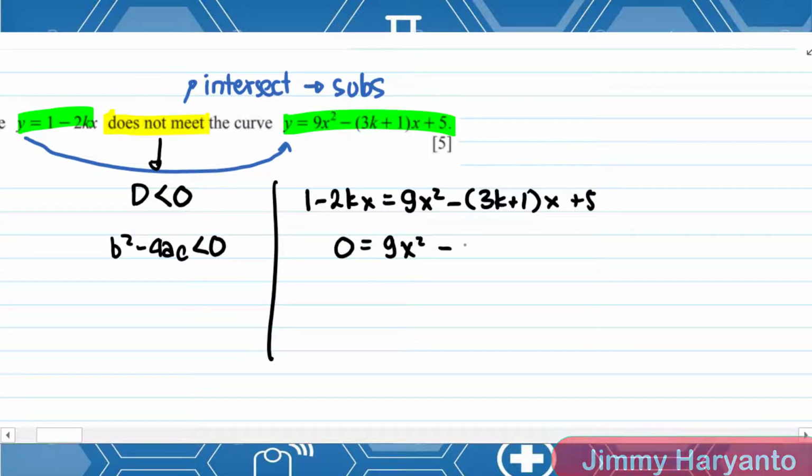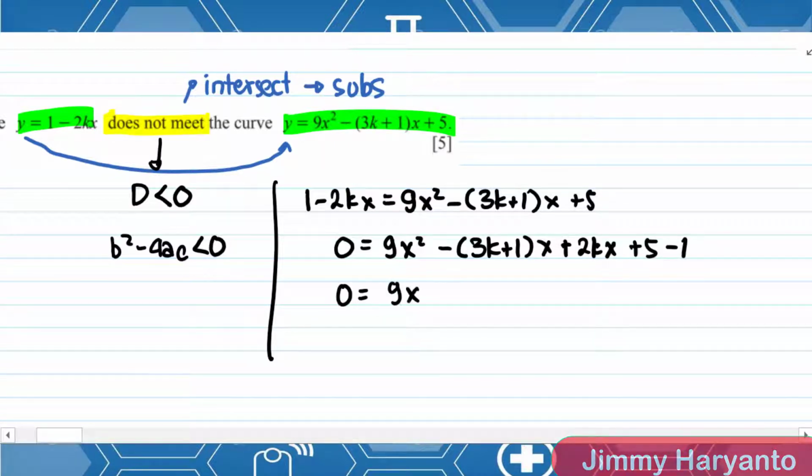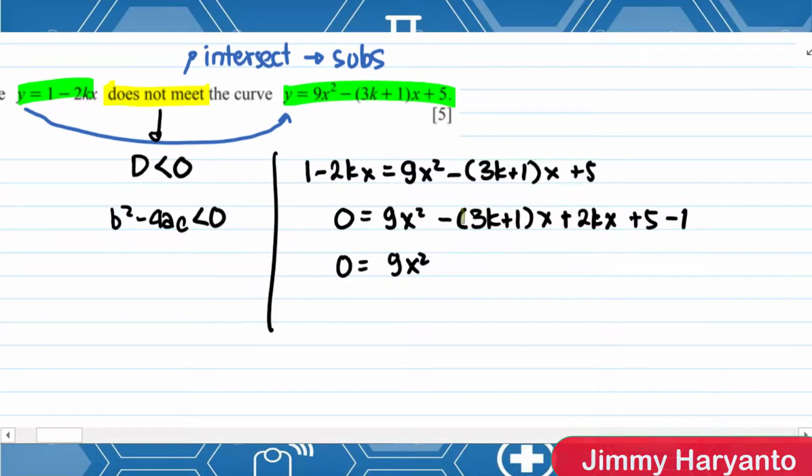9x squared minus in the bracket 3k plus 1 x and then plus 2kx and then plus 5 minus 1. You can simplify it like this. So let's focus on this one. You will read negative 3k plus 2k.